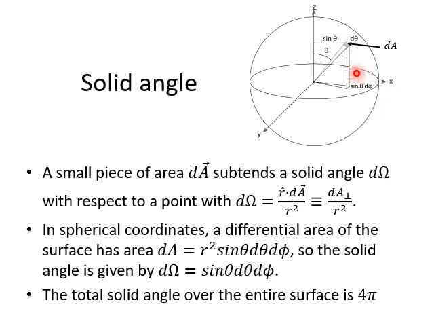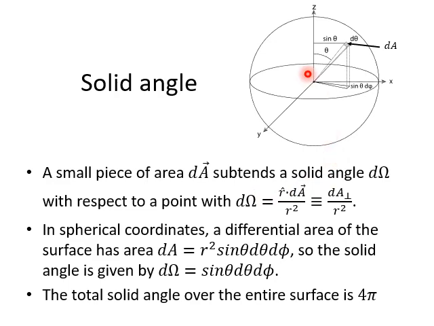And so the area of that little area element dA is r squared sine theta d theta d phi. That would be the overall area. We're going to take the radius out of that calculation so that the total angle that is subtended in all directions is 4 pi steradians.